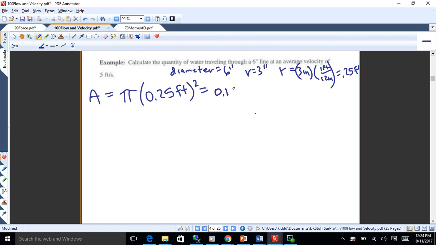That area ought to be about 0.196 square feet. And then just factor that up by the velocity and you'll get the flow rate.